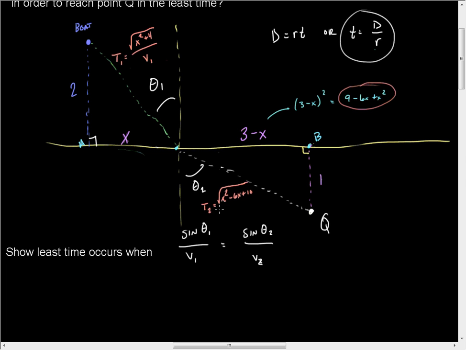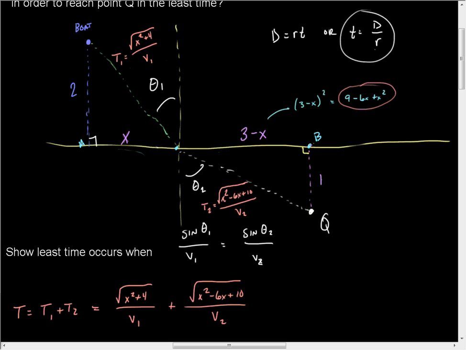And that's divided by v2, the rate that he's traveling at. And so let's express t as the sum of our two times here. And when we do that, we get the square root of x squared plus 4 over v1 plus the square root of x squared minus 6x plus 10 over v2.